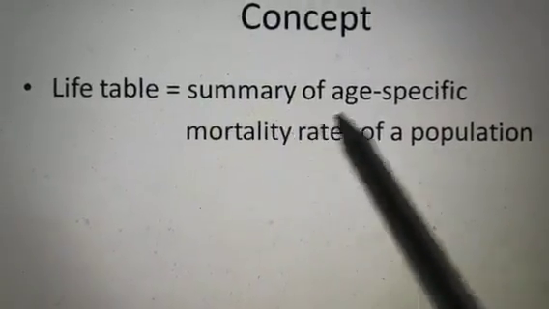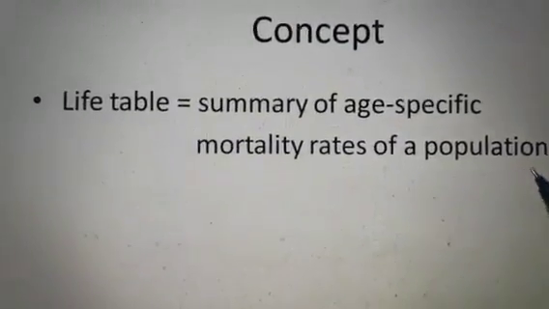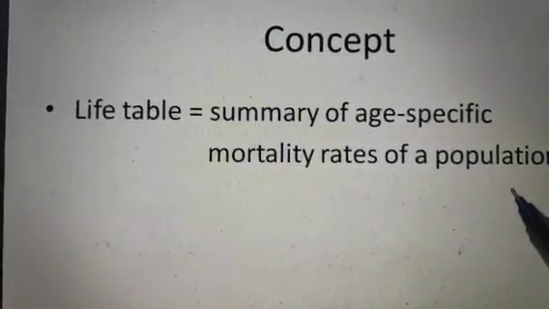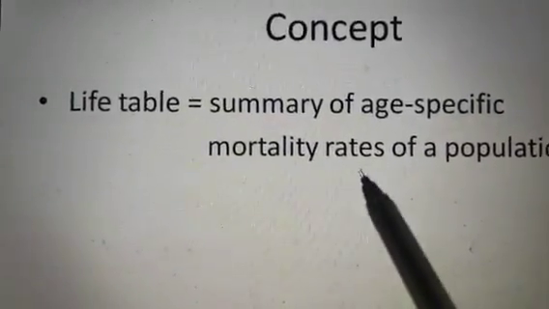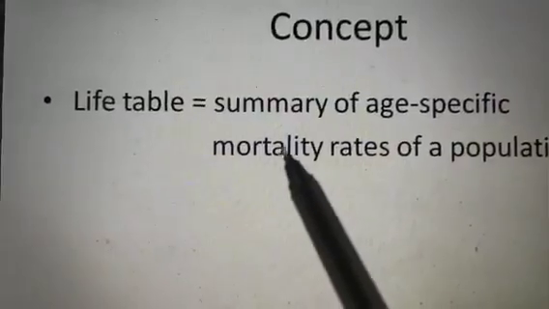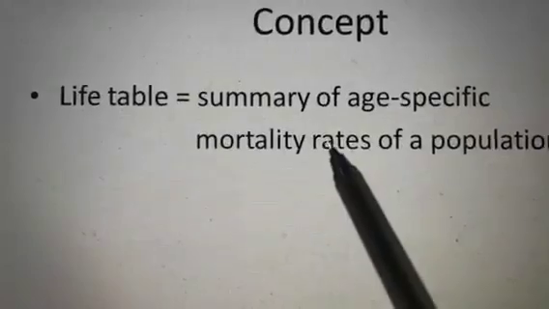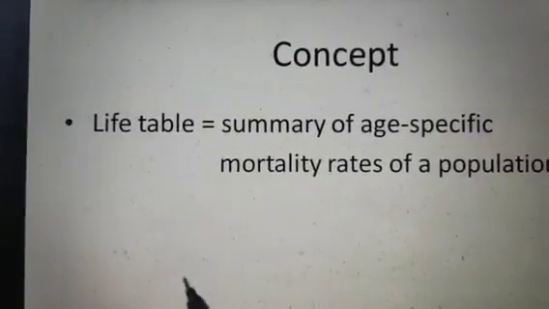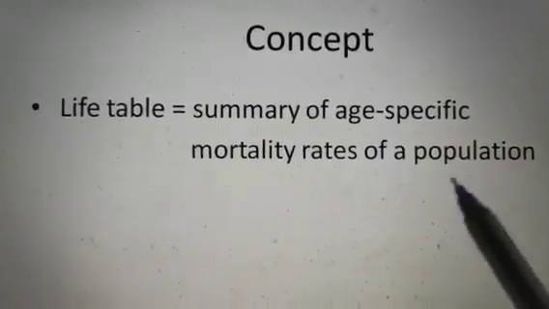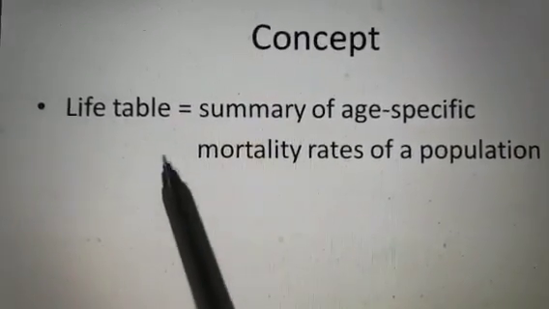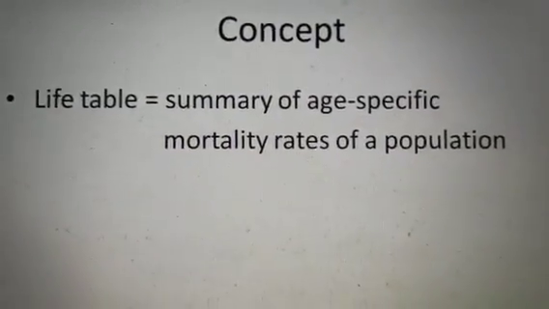And students, earlier I told you about how you are able to calculate age-specific mortality rates. So all the summary of those age-specific mortality rates could be seen as life table of a person or cohort. So when anybody asks about the concept of life table, you can very simply say that life table is nothing but a summary of age-specific mortality rates of a population.